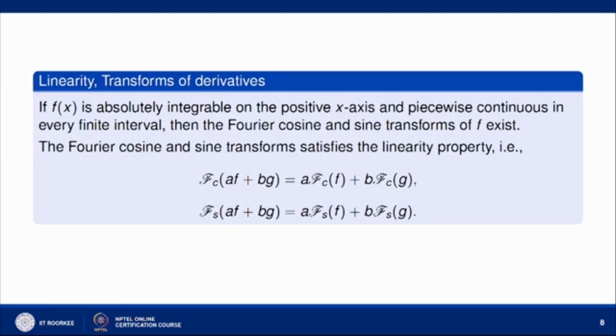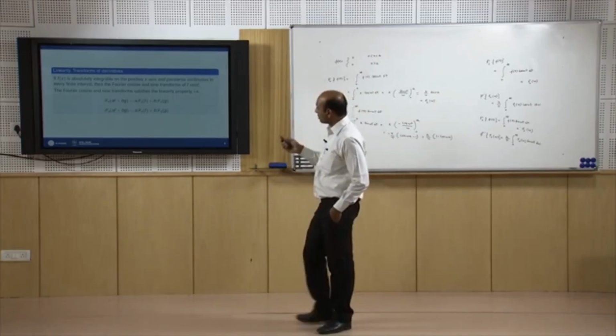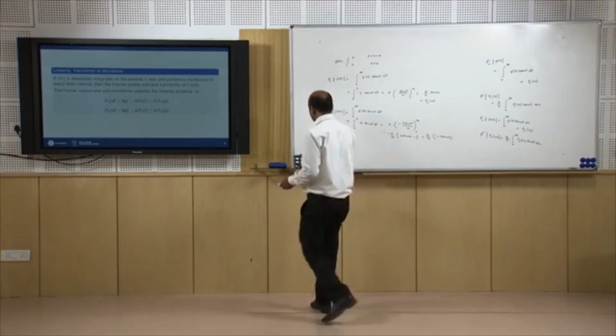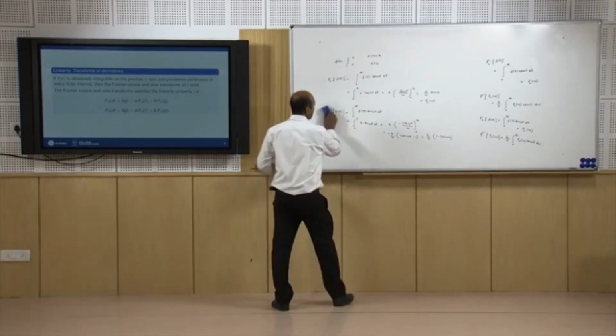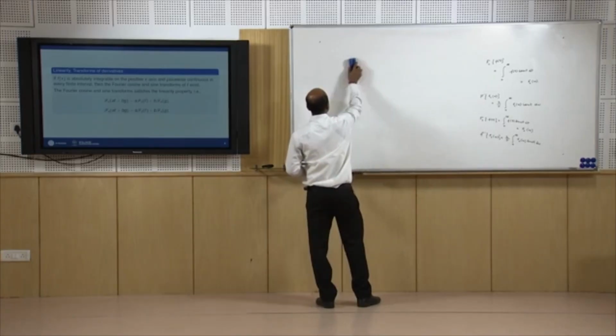So, the function must be absolutely integrable on the positive side of the x axis and piecewise continuous, then the Fourier sine and cosine transforms of the function will exist.